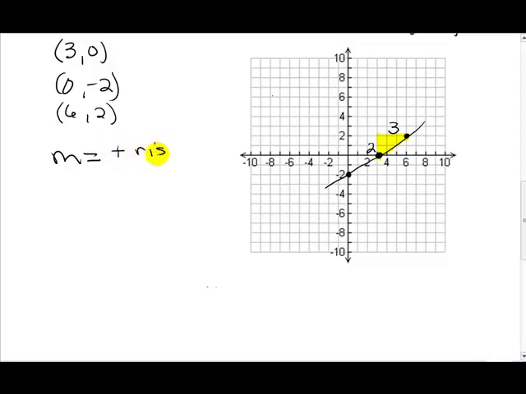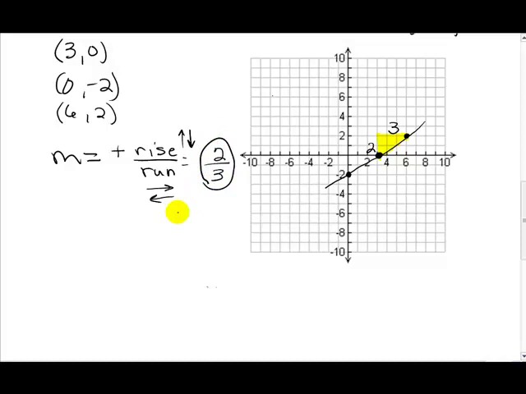The top number is my rise, and then I have a run. Remember, the rise is our up-down movement, and the run is going to be our right-left movement. So the slope here is going to be 2/3. Okay?